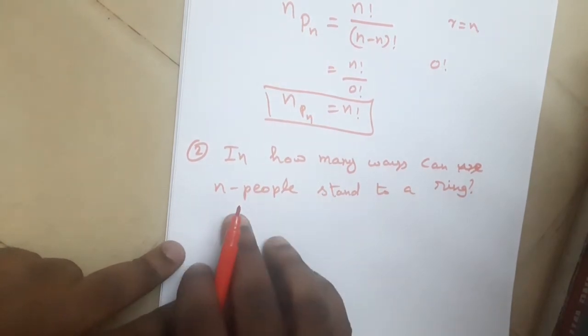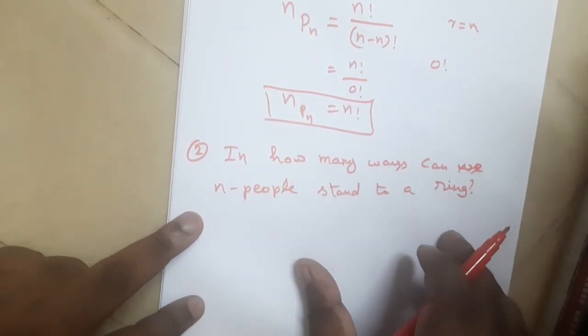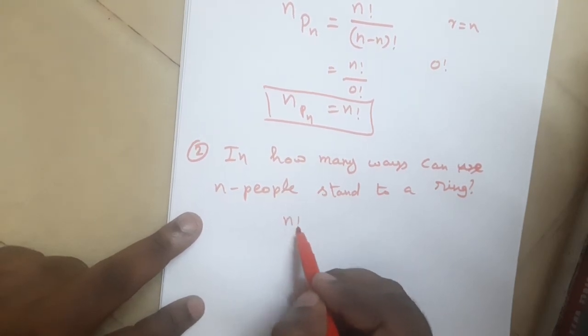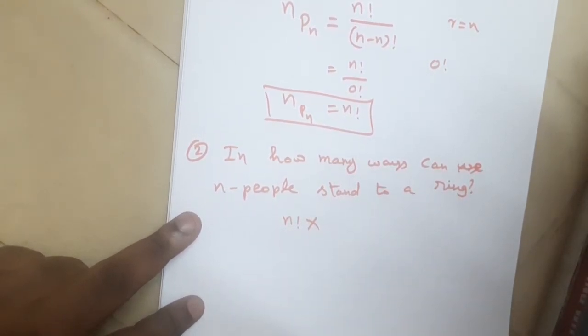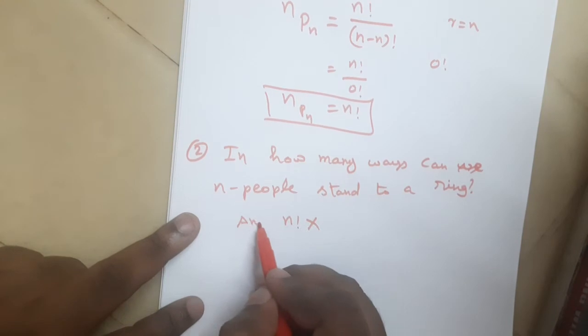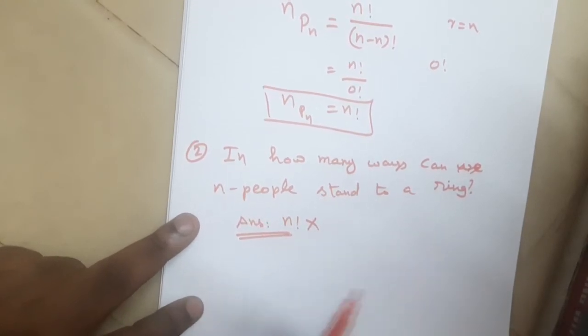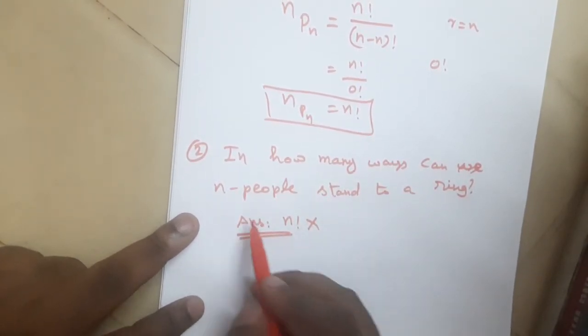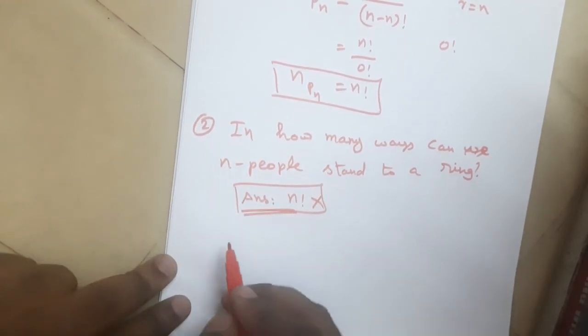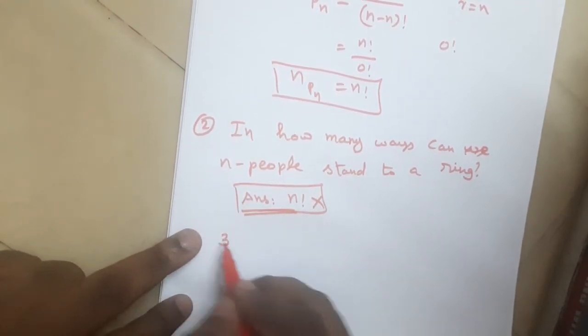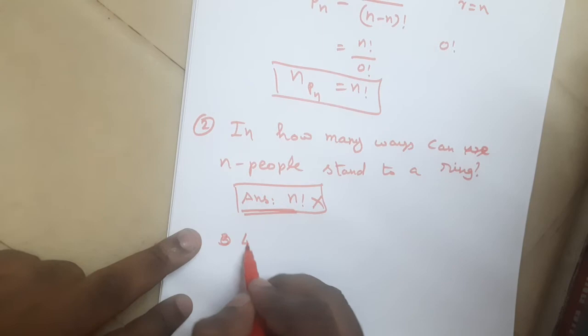So n people, n seats. So we say n factorial? No, this is wrong. n factorial is not the answer. Because suppose I have, for example, 4 objects.